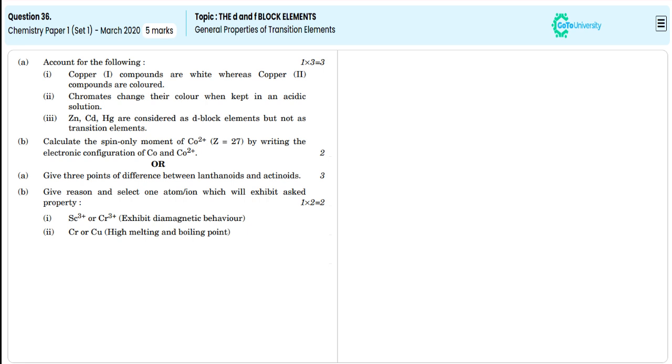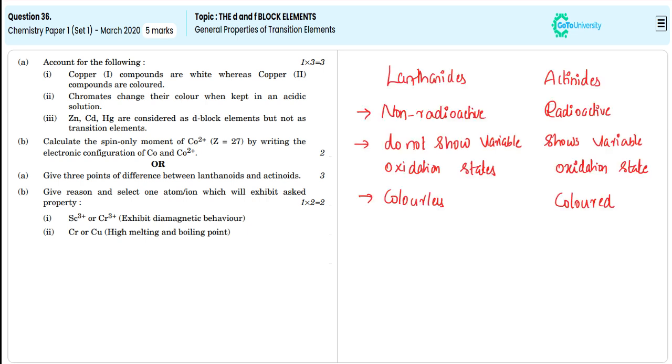Now we are moving to the second part of the question. Here, the first question is three points of difference between lanthanides and actinides. The first one, we can see the lanthanides are non-radioactive elements. At the same time, actinoids are radioactive in nature.